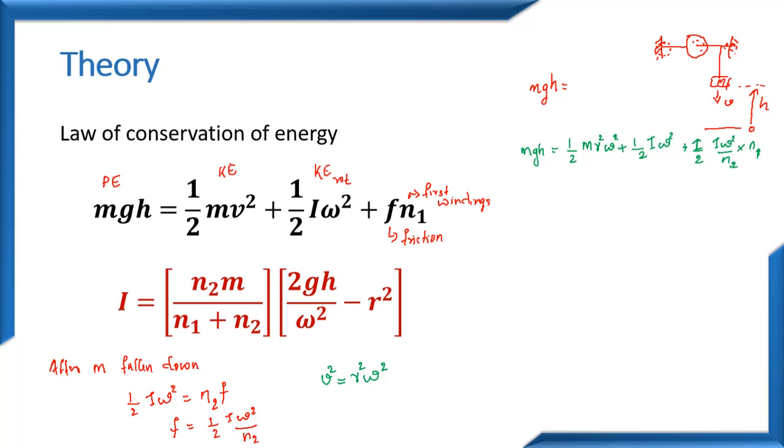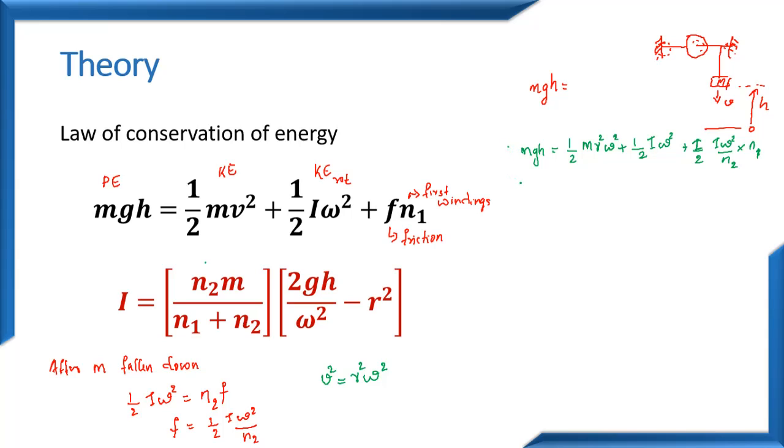So we all have 2's here and we also have common omegas here, right? So why can't we multiply the whole equation, the LHS as well as the RHS, by 2 by omega square?